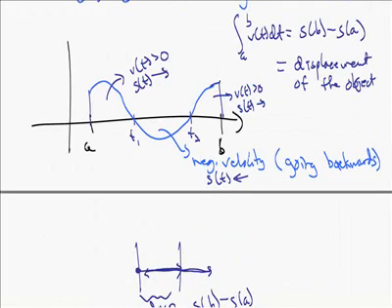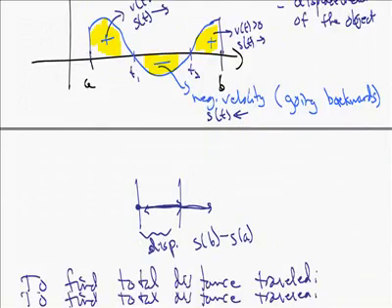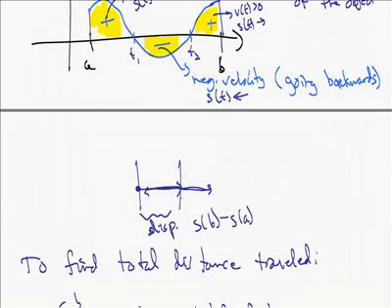Remember, this counts as negative area down here, whereas this counts up here and up here as positive area. So in terms of the application of this problem, these count as positive distance while these count as negative distance, and so when you add the positive distance to the negative distance, you get the displacement. Basically, how far off you are from your original starting position.